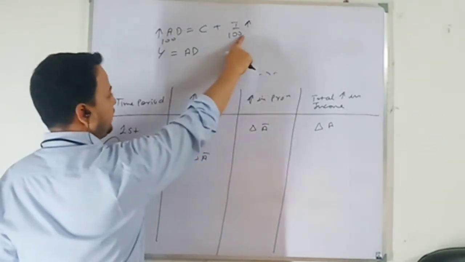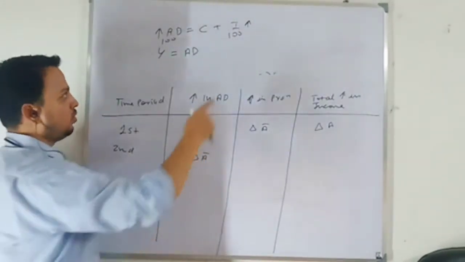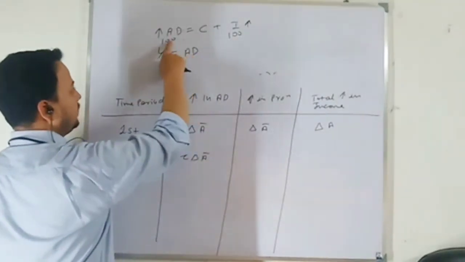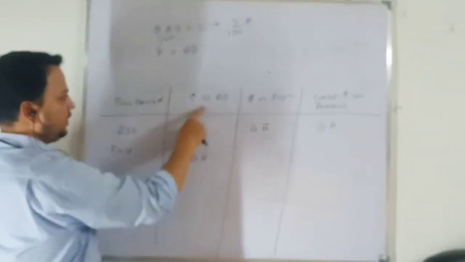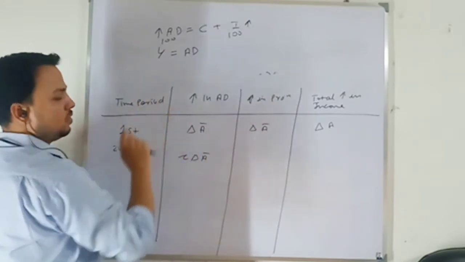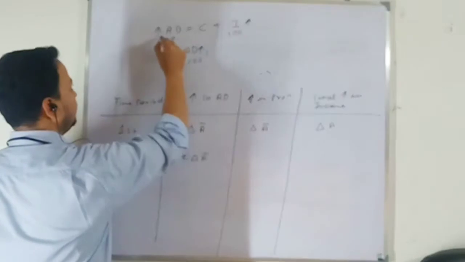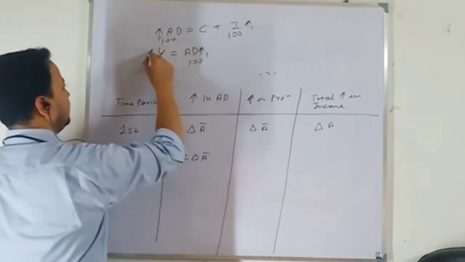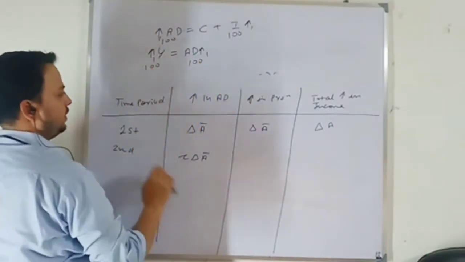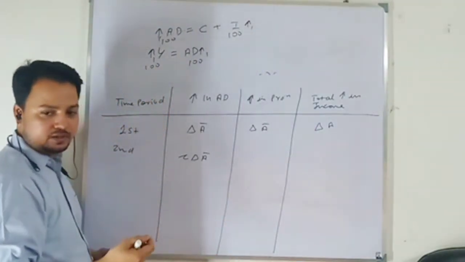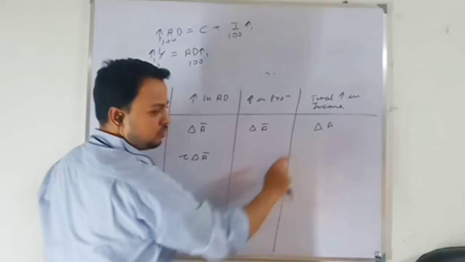This is the autonomous component. When investment increases by 100, immediately aggregate demand will increase by 100. So production increases by 100, and income will also increase by 100.